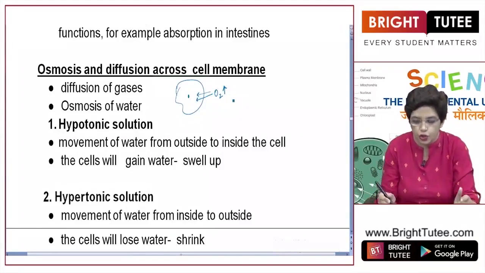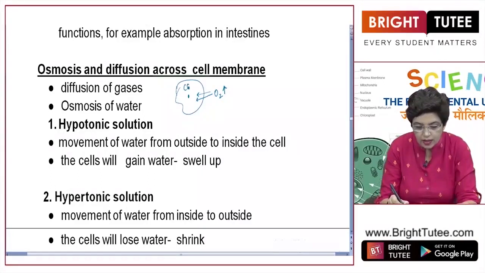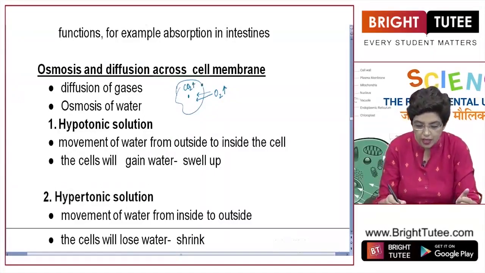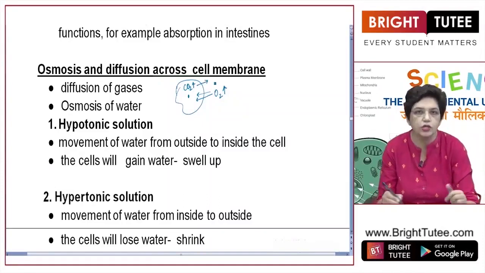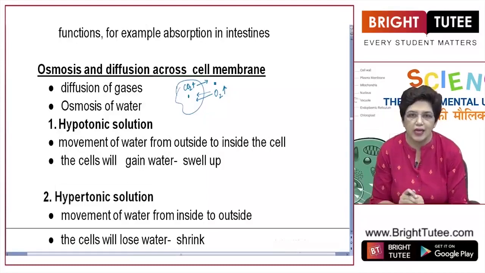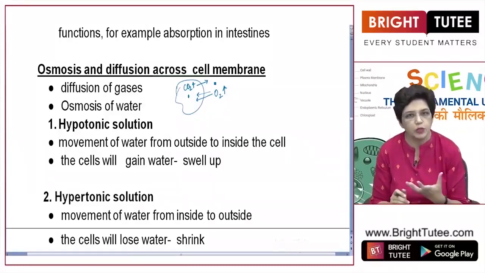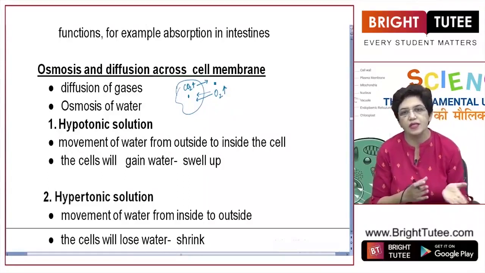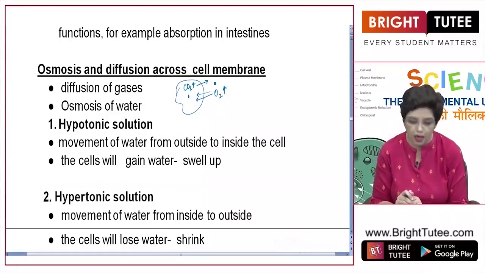This is diffusion of gases. On the other hand, the carbon dioxide concentration is higher inside the cell, so it will move from higher concentration to lower concentration, outside. So this diffusion of gases helps in various processes, because oxygen is required for respiration and carbon dioxide is a waste product which has to be excreted out.